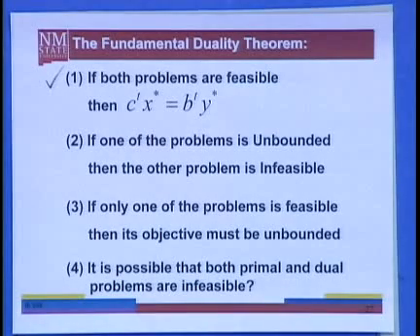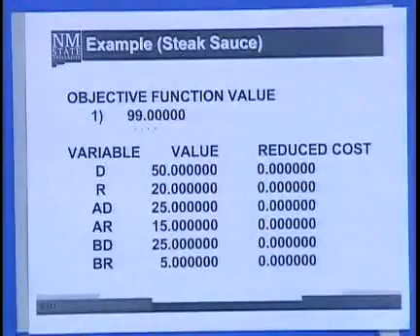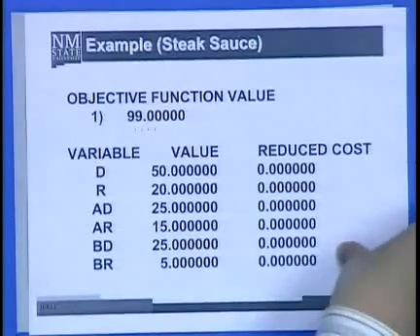That is, the optimal dual objective should be equal to the optimal primal objective of 99. Okay? Isn't that so easy? Okay, I think we've done the first example.